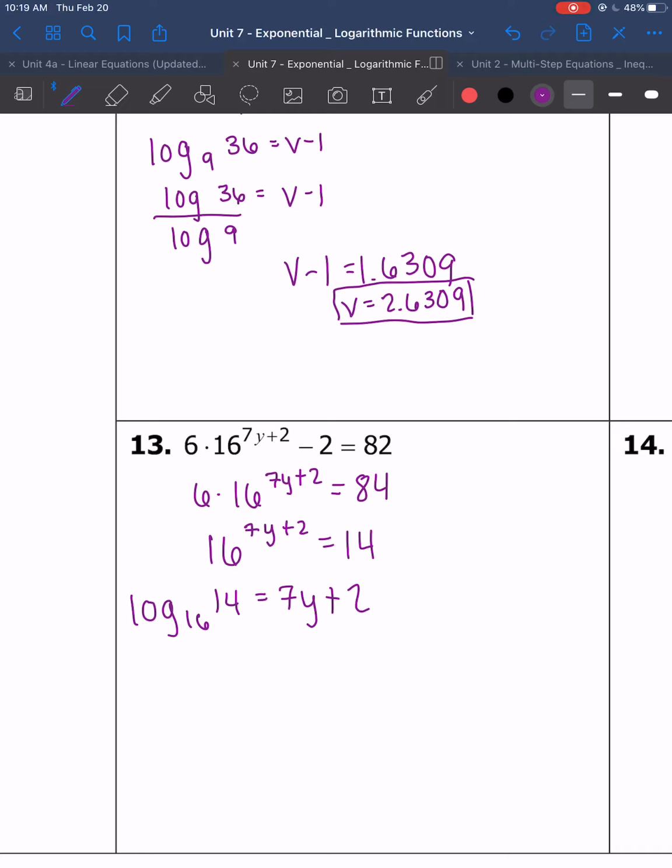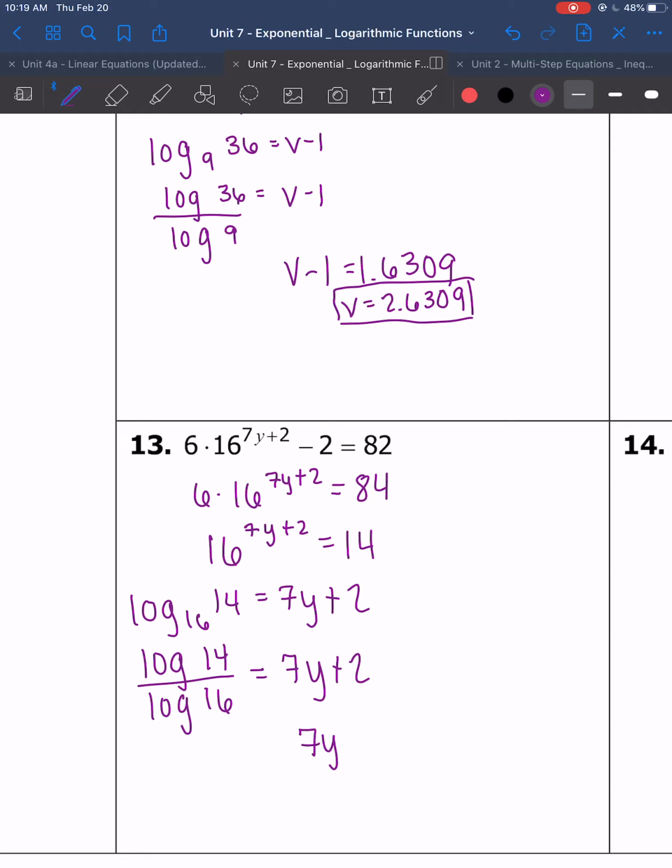So then we're going to use our change of base formula. Log of 14 divided by log of 16 equals 7y plus 2.